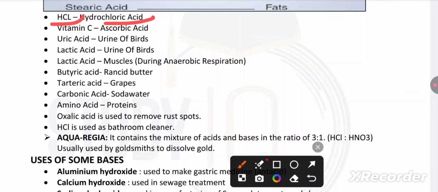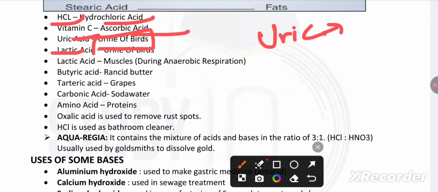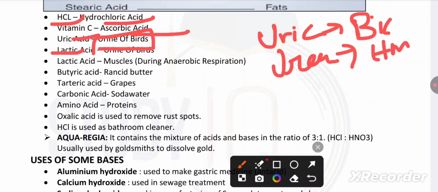HCl, hydrochloric acid. Vitamin C, ascorbic acid. Uric acid, urine of birds. This is very important, guys. Uric acid is present in bird urine. Urea is the content in human excretory waste.